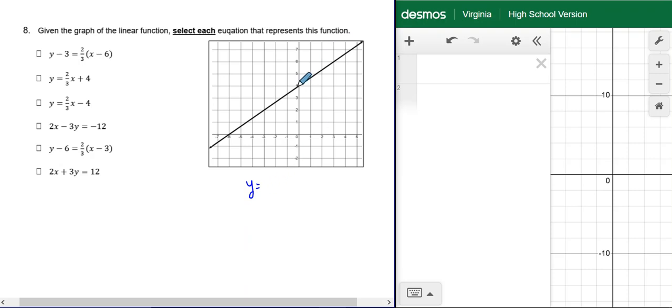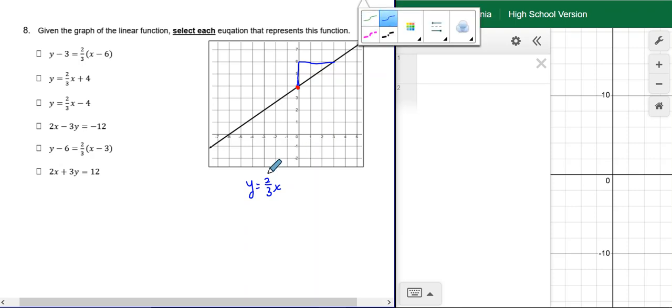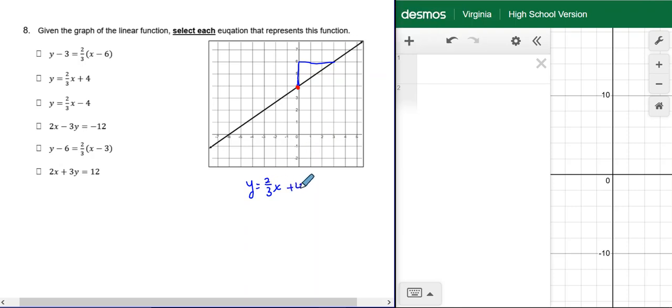It is to find the slope, so that's up 1, 2 over 1, 2, 3. So that's the slope, 2/3 x, and then choose the y-intercept, which is at positive 4. So this is the equation of the line.